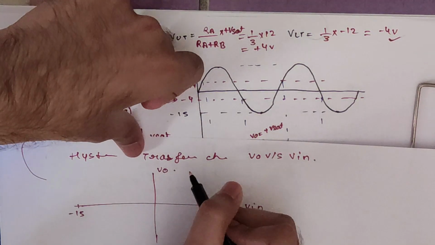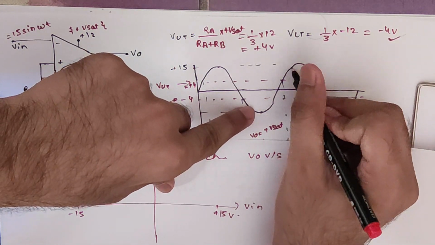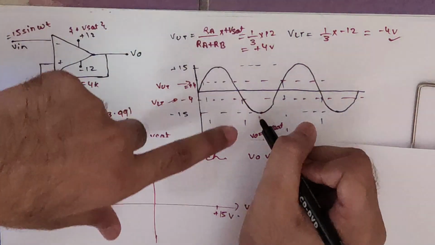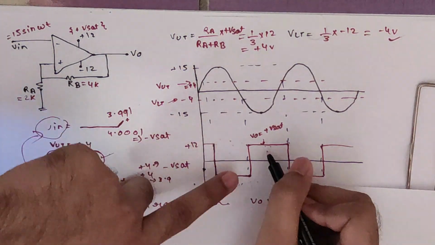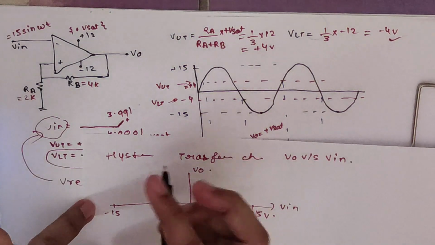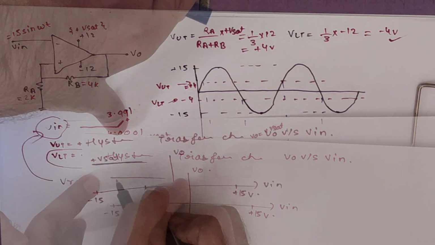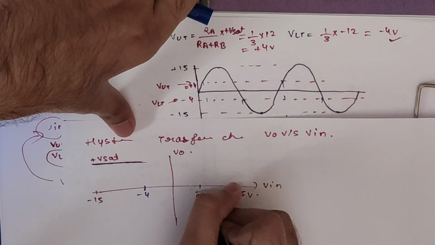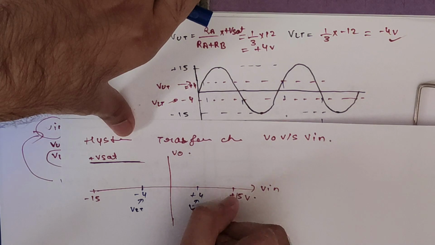To draw the hysteresis curve, first we see the increasing journey of our input voltage. At minus 15 volt we have output voltage plus Vsat, so we draw plus Vsat at minus 15 volt. Let's say this is our minus 4 and plus 4, basically this is our lower threshold voltage and this is our upper threshold voltage.